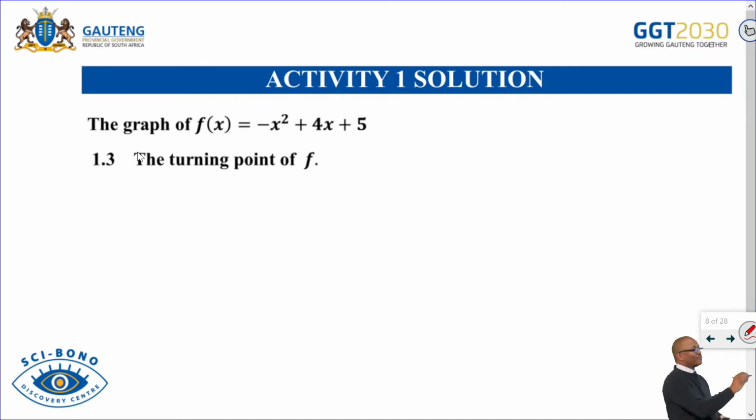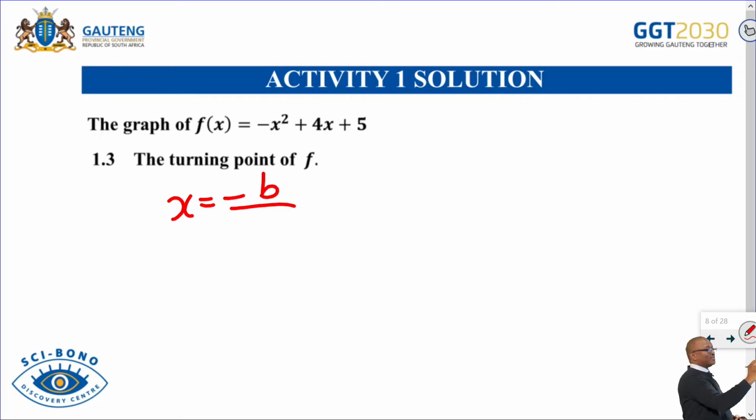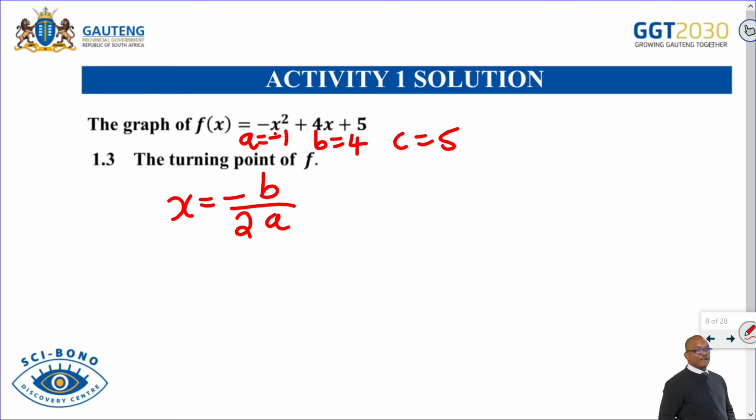Remember, for the turning point, you have to identify this formula in the information sheet, where x is equal to minus b all over 2a. We know our a is equal to -1, our b is equal to 4, and our c is equal to 5 in this case.